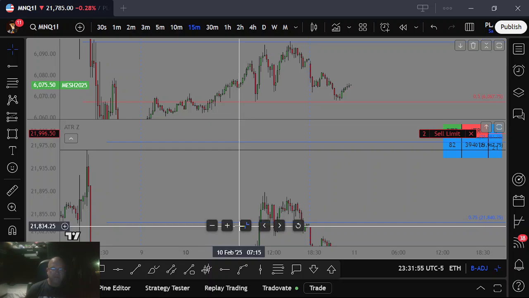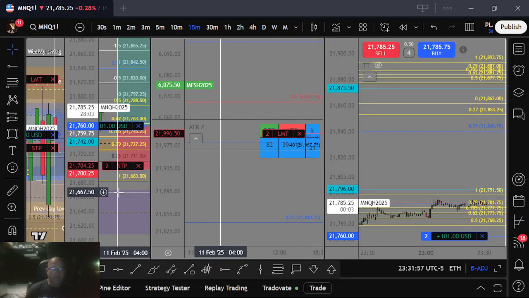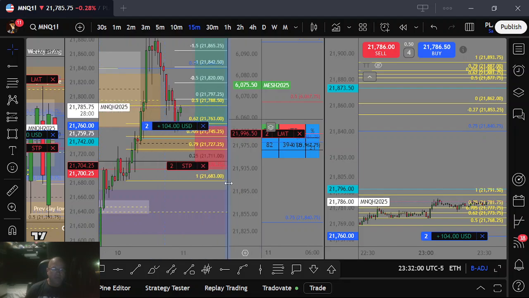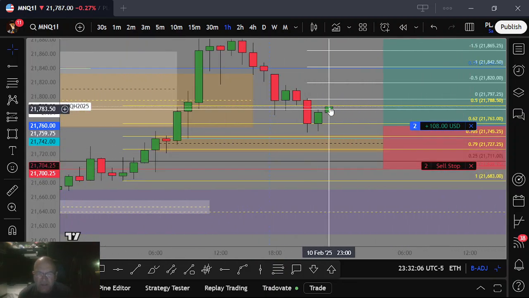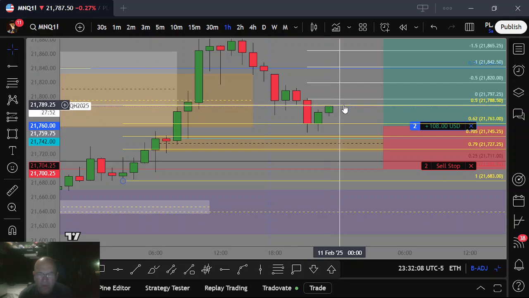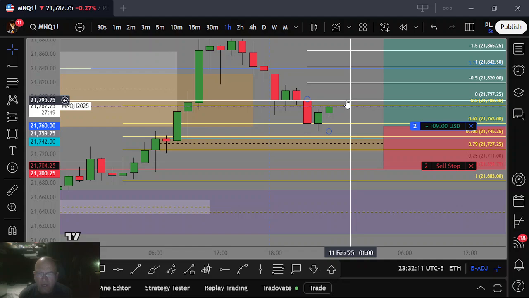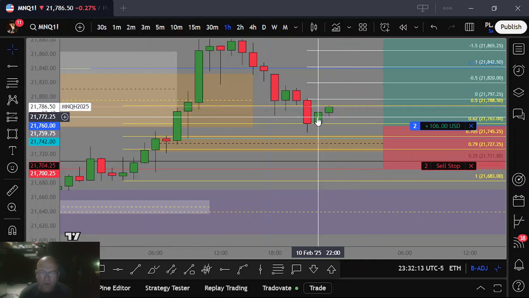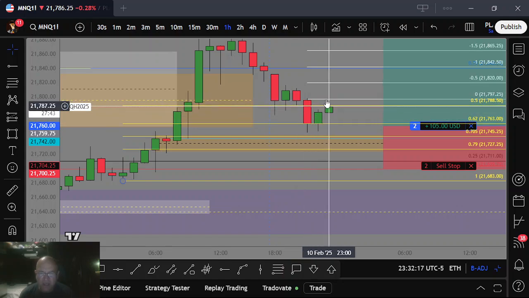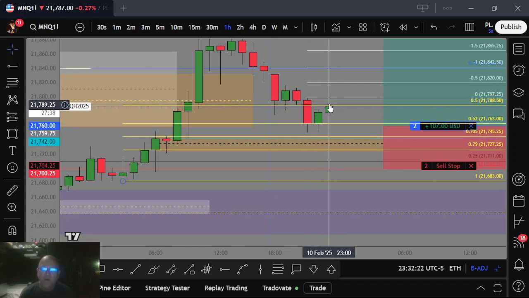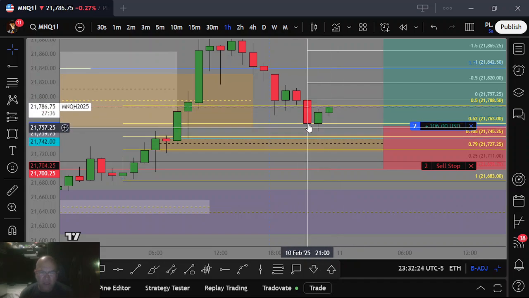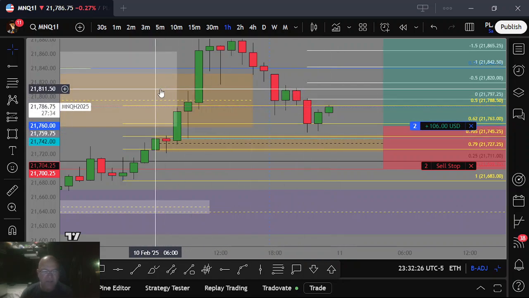And so I've run on the 1 hour a deviation off of what could be the range. And we could go a little higher. What I'm looking for is basically this to be our range, to range in here before we break down and take that. Once we break down, I'll actually remeasure the range.